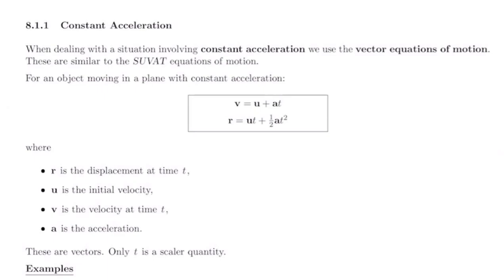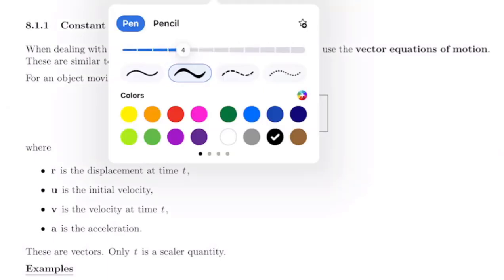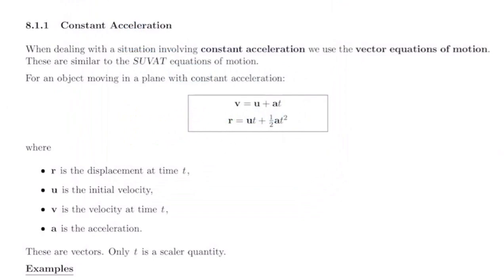So v equals u plus at, and on your notes you see that. But this time, instead of using the one that we use quite frequently, which is s equals ut plus a half at squared, we use r equals ut plus a half at squared, because our displacement is actually a position vector.